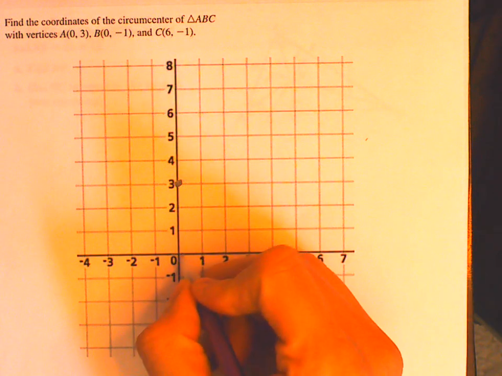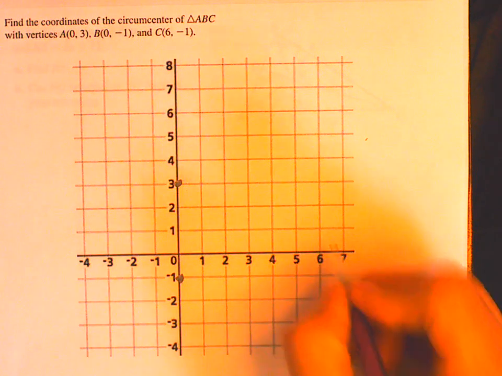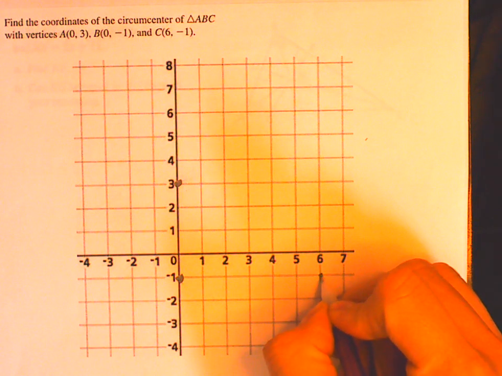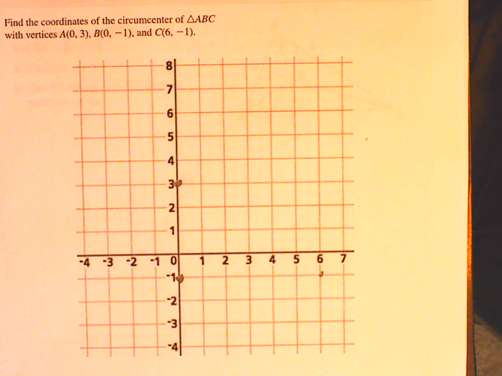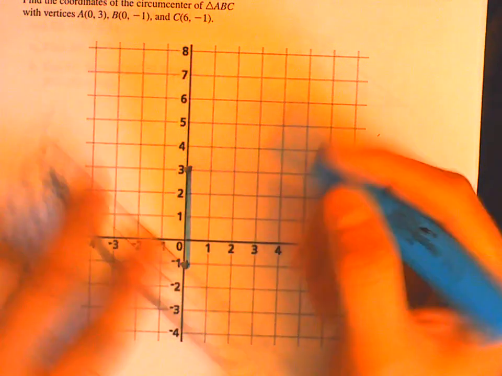Then you have (0, -1), which is right there. And (6, -1), which is going to be right there. Now, remember what I said. If you have different triangles, you're going to get different results. In this case, I'm going to use a highlighter just because it's kind of light in there. You actually have a right triangle.